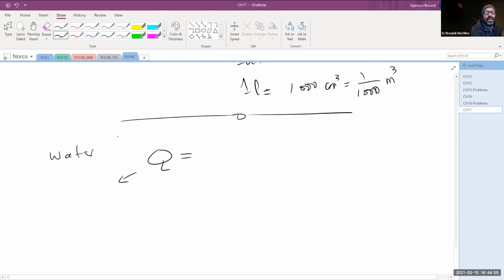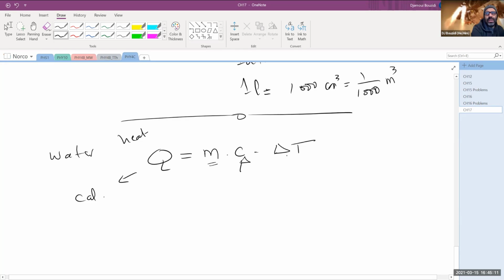Q, this is heat, by the way, this is the symbol for heat. Q is in calories at this point, okay, is equal to M times C. C in this case is 1 because all we did was say, okay, it's the amount of heat in calories per 1 gram for the temperature to go up by 1 degree Celsius.